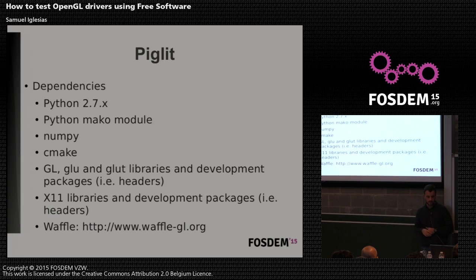You have NumPy, CMake, GL, Glut, and Glu libraries and development packages, X11 libraries, and Waffle. At least in Debian-based distributions, Waffle is not part of the repositories, so you need to build it and install it on your system.